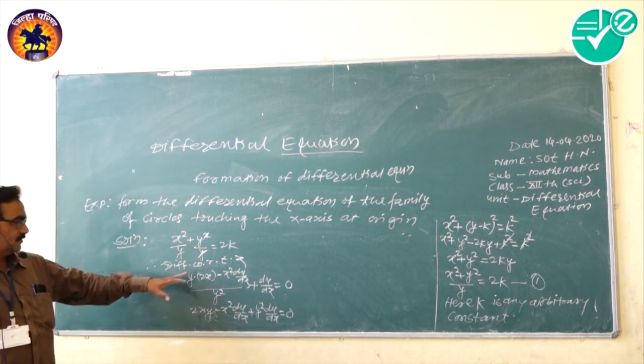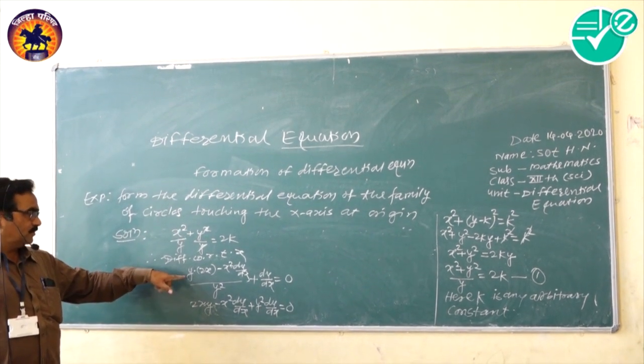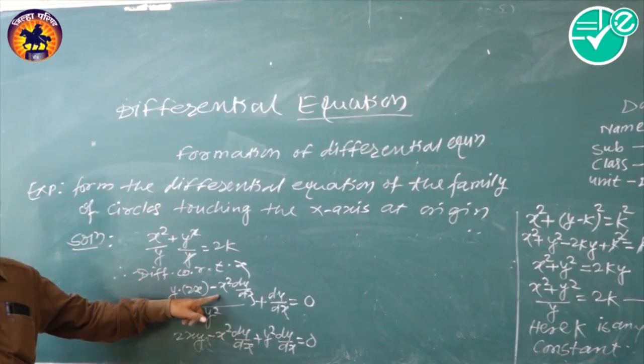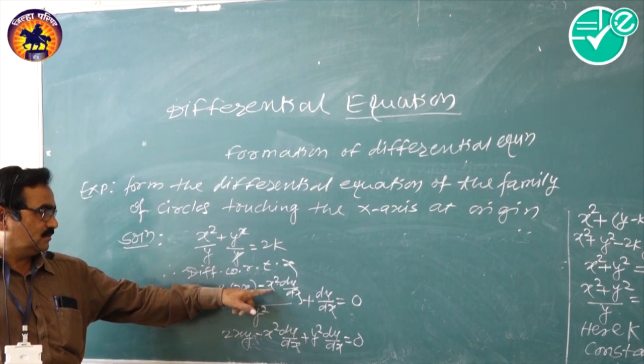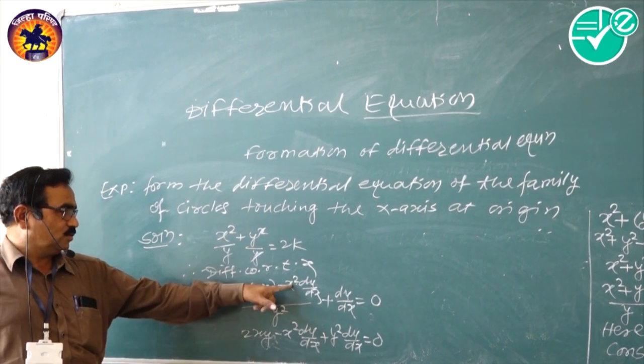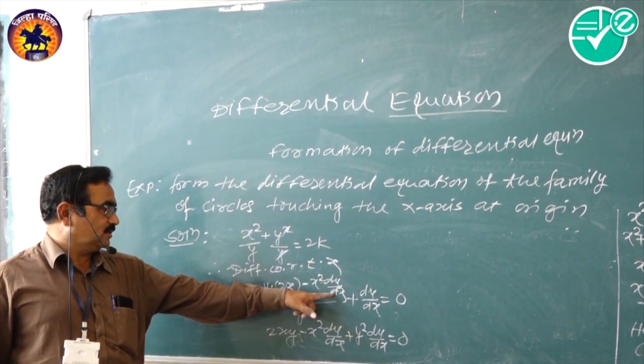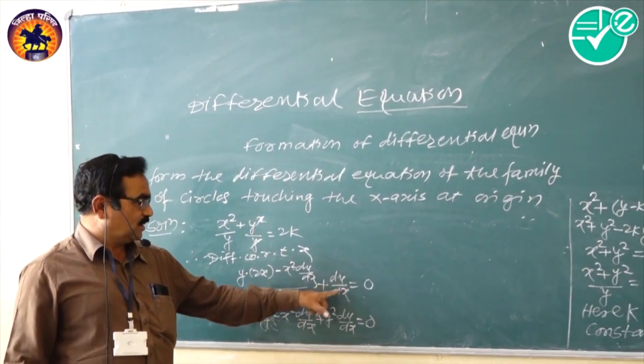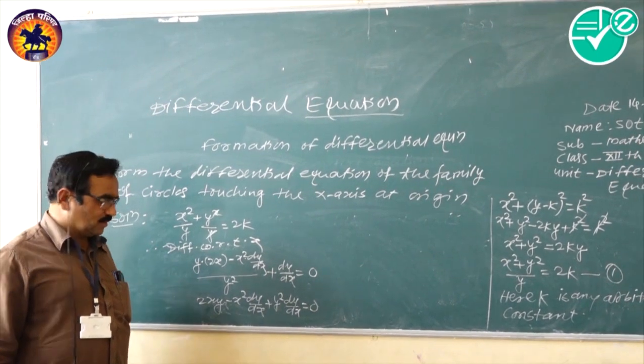We take the quotient rule. y into the derivative of x square, which is 2x, minus the first function, the numerator, as it is, into the derivative of the denominator, which is dy by dx, upon y square equal to 0.